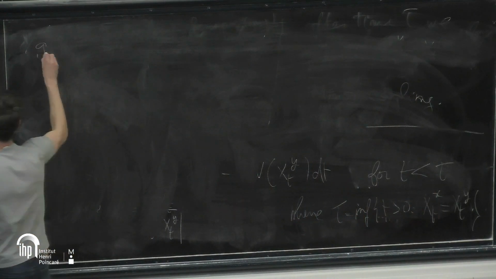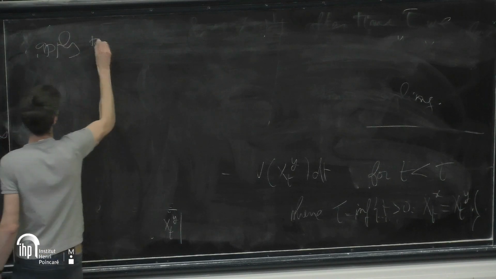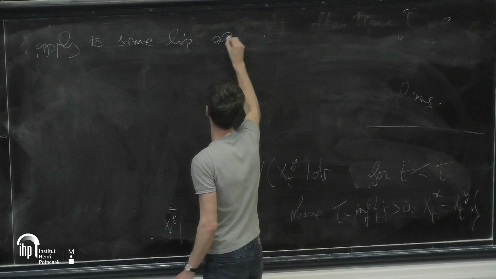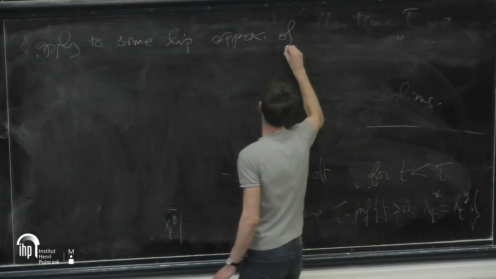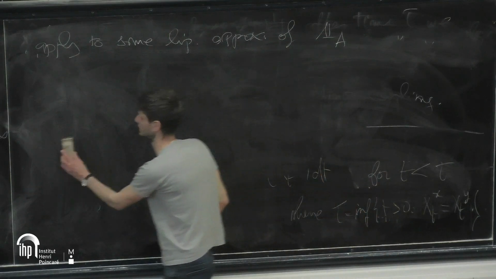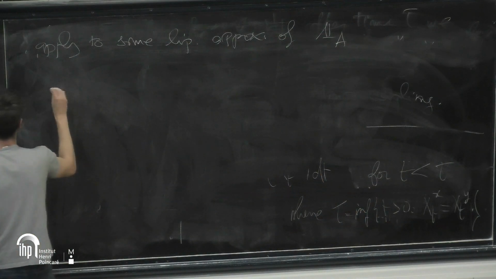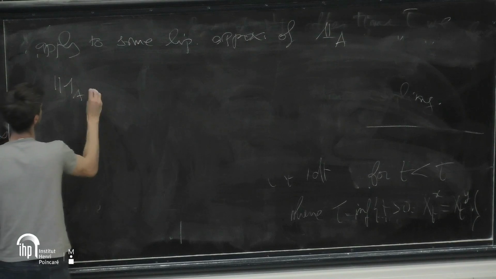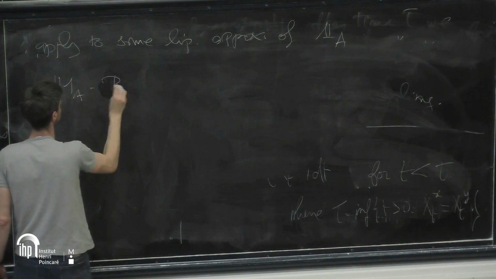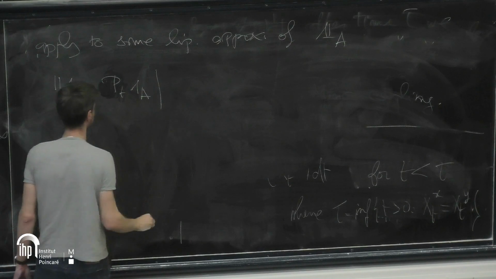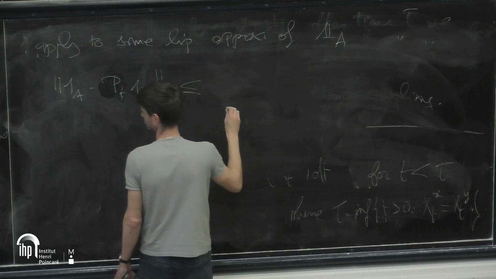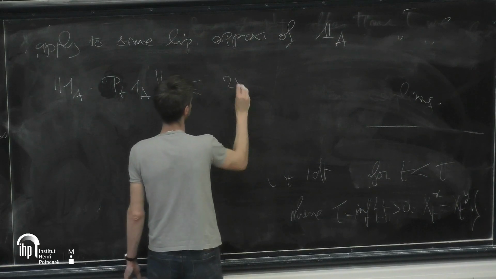So if you apply this to some Lipschitz approximation of the indicator of A, you will get that the L1 norm of 1A minus PT 1A is less than 2 square root 2 times root t.